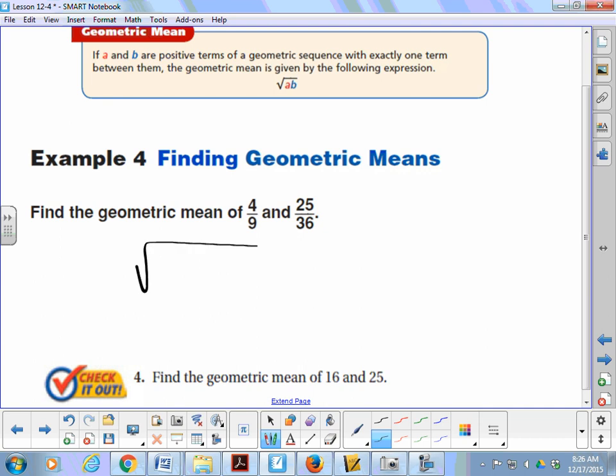Square root of 4/9 times 25 over 36. Okay. And when they give us easy numbers like this, we could actually simplify them and then do the square root, or however you want to do it. Square root of 100 over 324, which is 10 over 18, or 5/9.